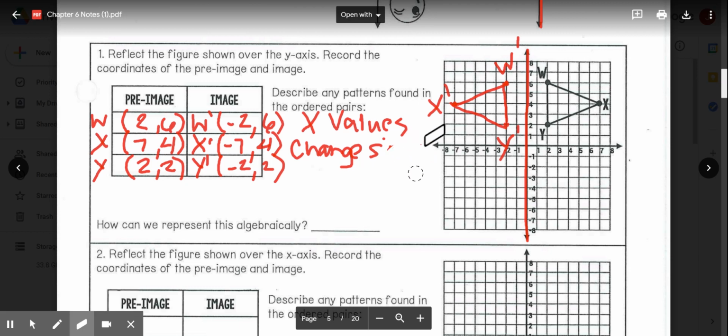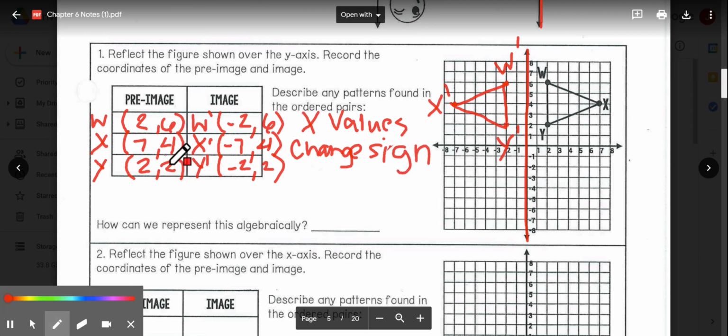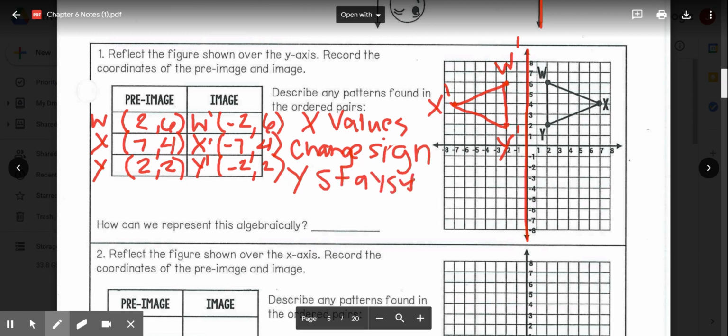Let's see, change sign. And the Y values, when we look at our Y values, we have 6, 4, and 2, and 6, 4, and 2. So we can say Y stays the same.